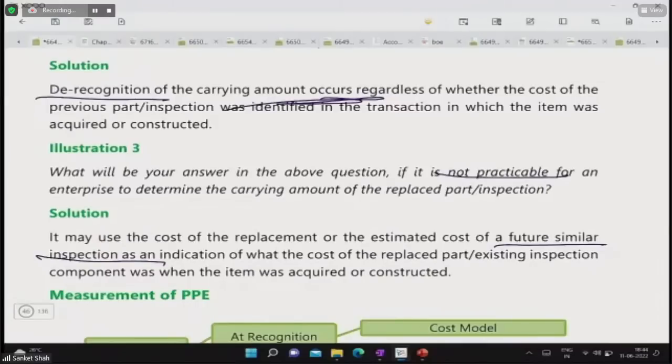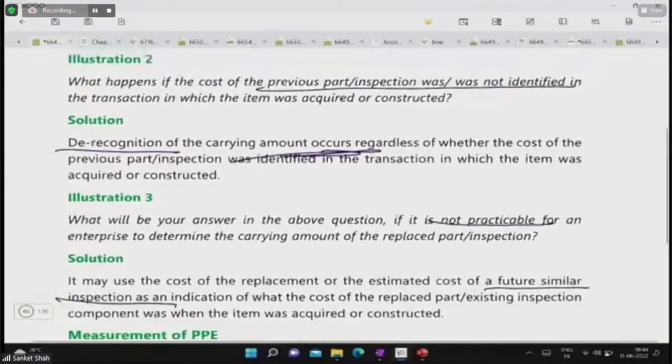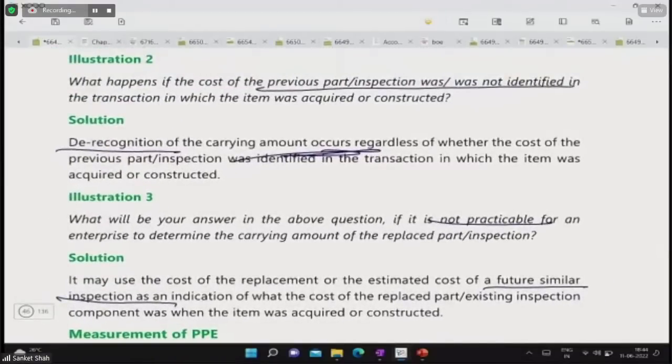Read illustrations 2 and 3 fast. Read it.